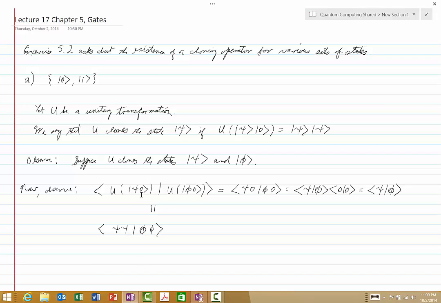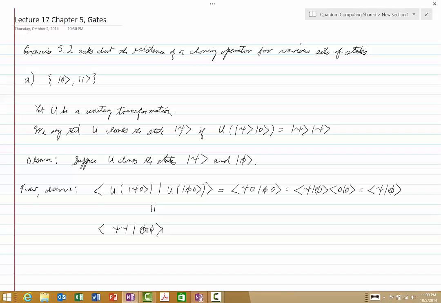And once again, this is true because remember that U clones psi. So U of psi 0 is psi, and U of phi 0 is phi, because U clones both psi and phi.